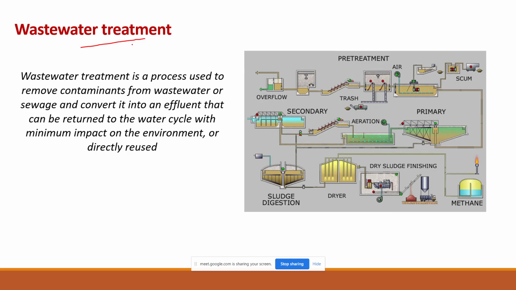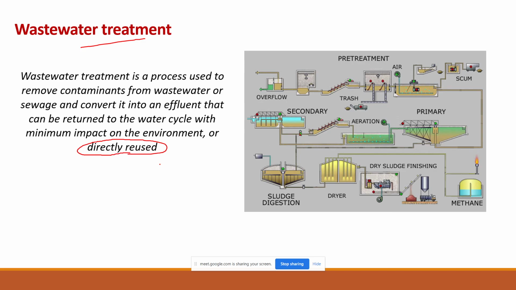So what is wastewater treatment? It is basically a process which is used to remove contaminants from wastewater or sewage, and we convert it into an effluent which can be returned back to the environment. It should be treated so that it does not have any impact on the environment, or we can directly reuse it. Reusing is basically called water reclamation.